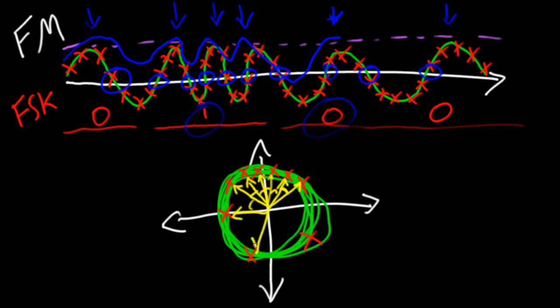And now we're dealing with a very large angle from sample to sample. So this is the information that we're looking for right here in the angle. The only thing that we have to do to recover frequency information from this signal is to measure angles, or to compare the angle of one sample from the next.